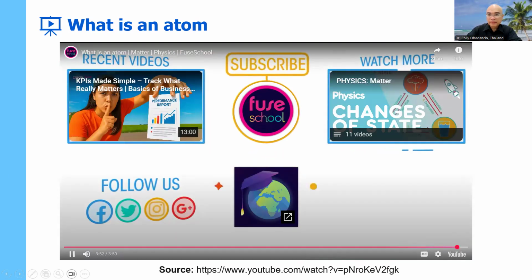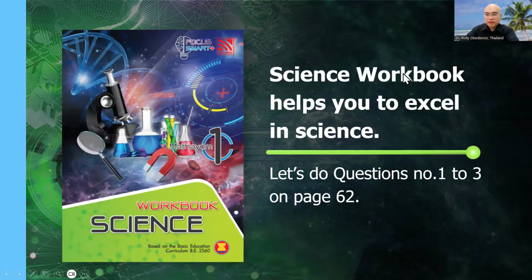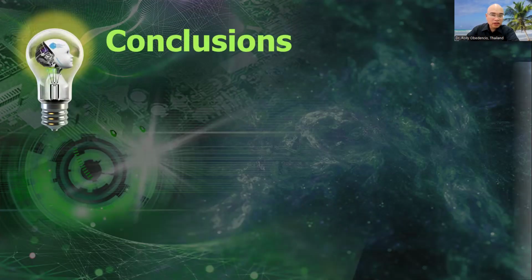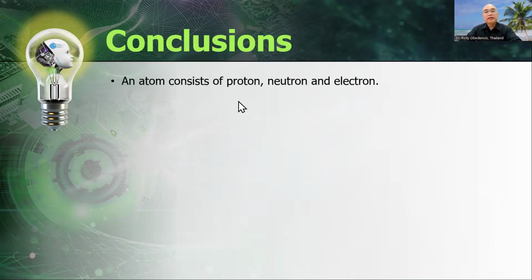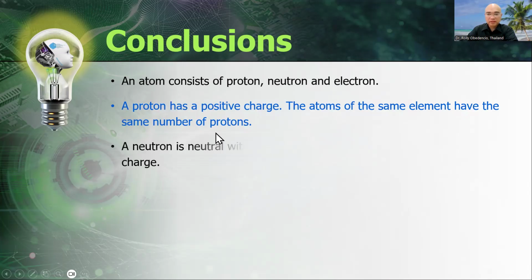All right. Now that we have it, you don't need to answer this workbook because you don't have it. Let's conclude our study. An atom consists of proton, neutron, and electron. A proton has a positive charge. The atoms of the same element have the same number of protons.